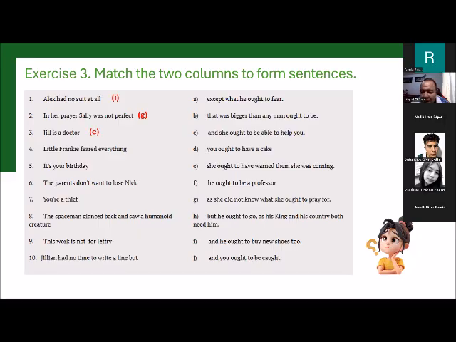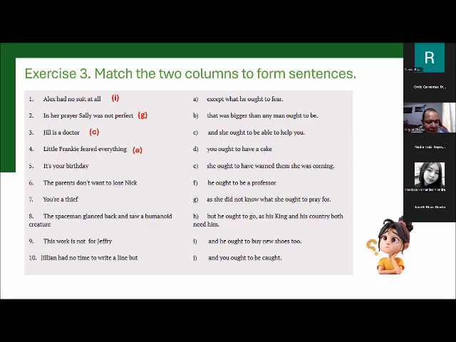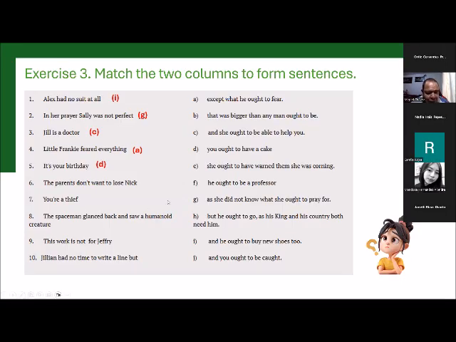Except what they ought to fear. Yes, Janet. Thank you so much. Okay, letter A. Camila, please. Next, number 5. It's your birthday. Letter D. You ought to have a cake. Exactly. Letter D. Thanks a lot for your help and your correct answer.